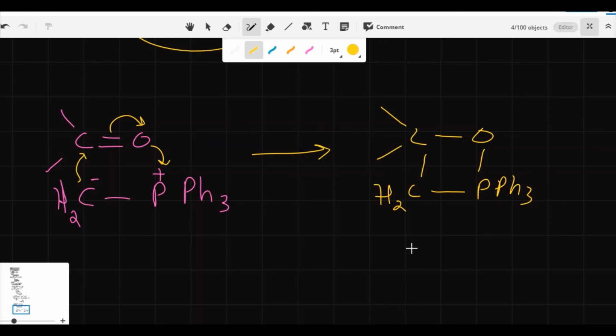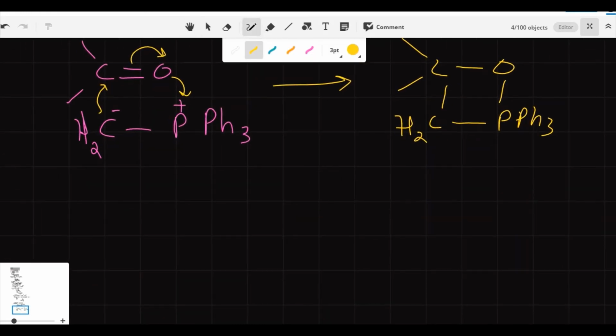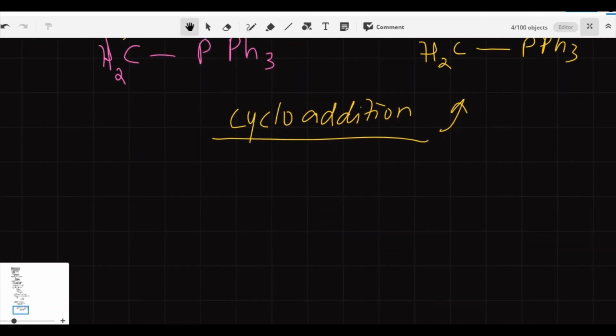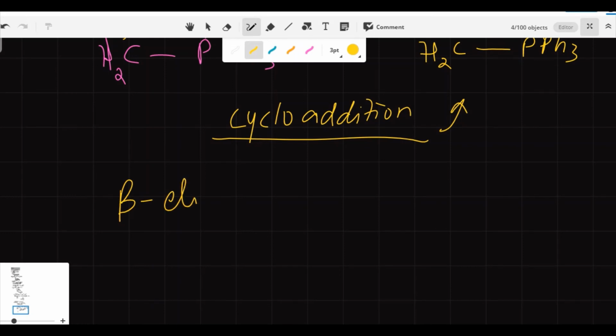So that is the first step, in which there is a cycloaddition reaction. Now the second step is beta elimination.